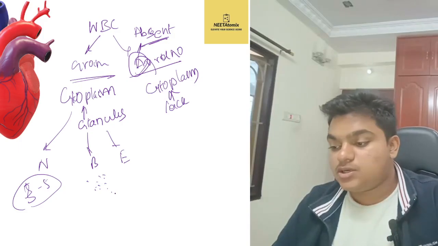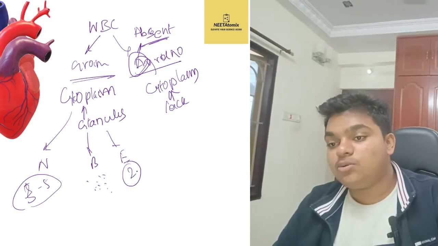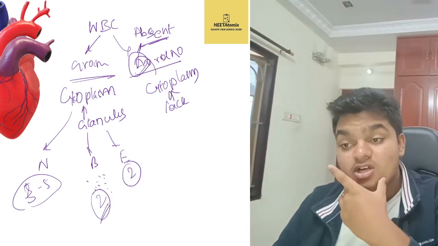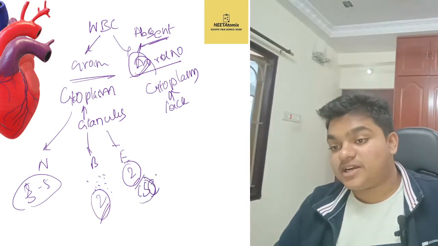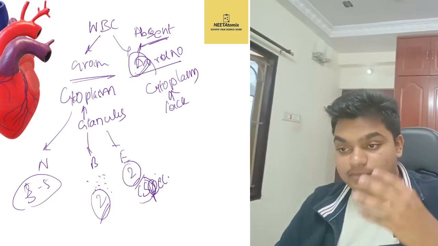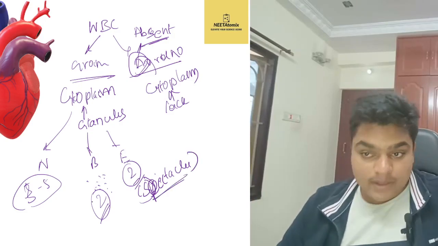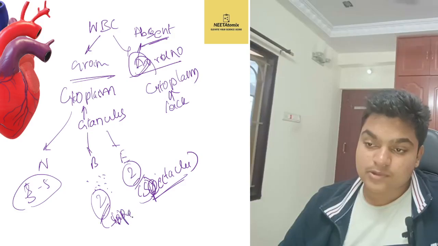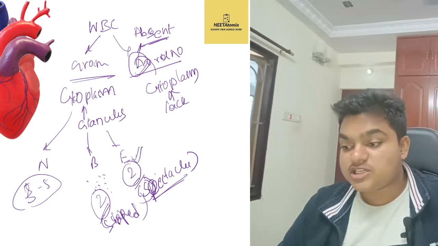Next, eosinophils have a bilobed nucleus. It is spectacle shaped, like specs or spectacles. But in basophils it is S shaped. It is spectacle shaped in eosinophils.